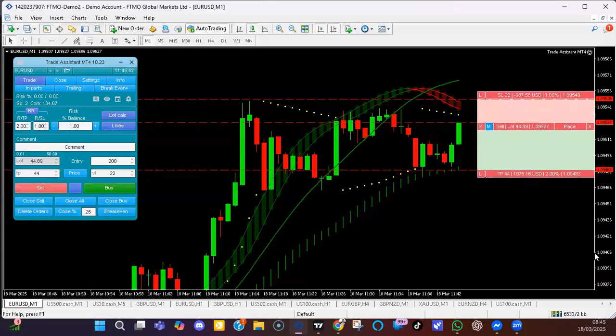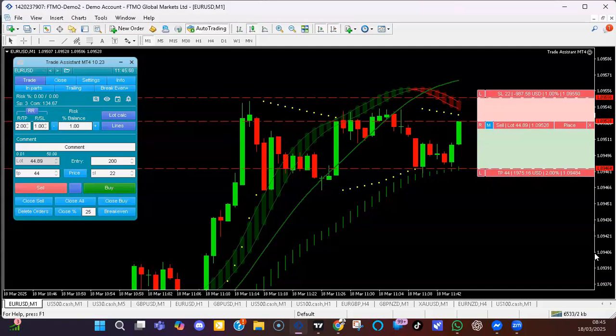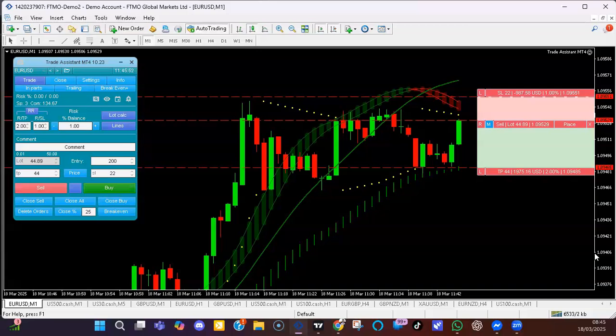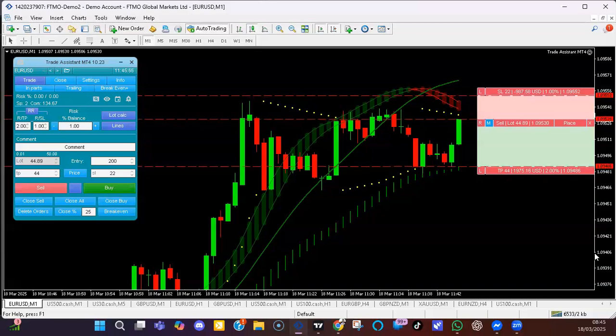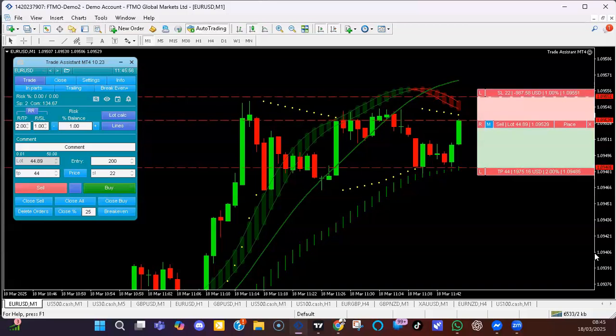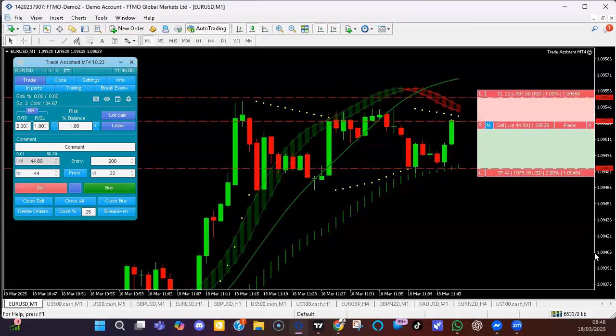But as you can see, we are going crab-like at the moment, which it does 80% of the time anyway, even on the 5 minute bigger picture and so on. So we shouldn't be surprised that this is actually happening.